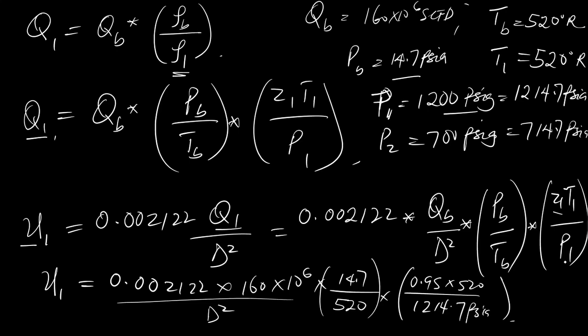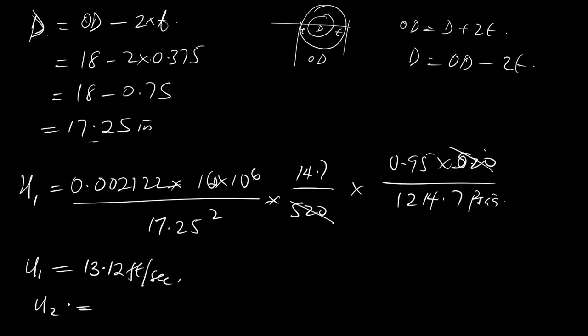Now what changes is the pressure. We assume the compressibility factor to be the same, which is not likely to be, but that is the assumption here. Now the only thing that varies is the pressure. So when you look at this formula, you see that the velocity is inversely proportional to pressure.